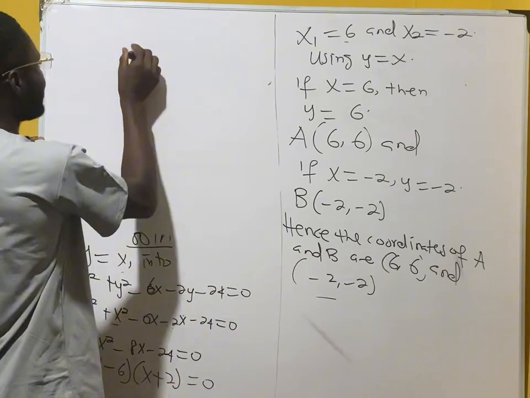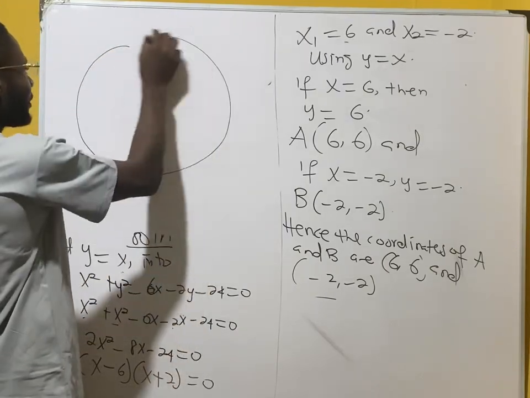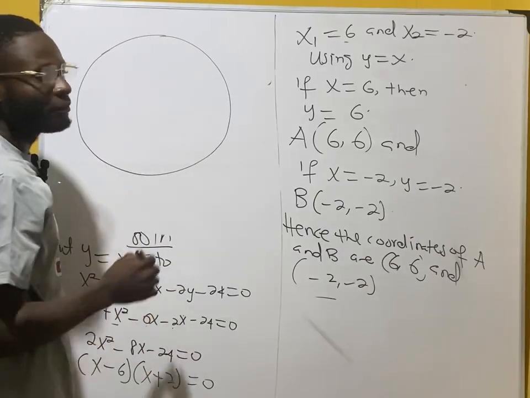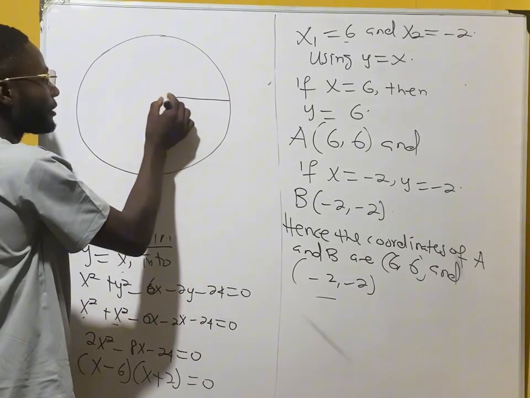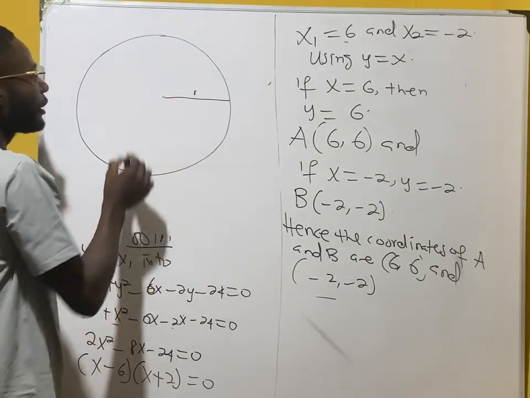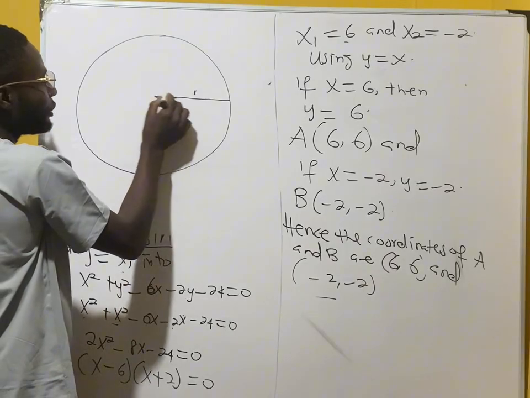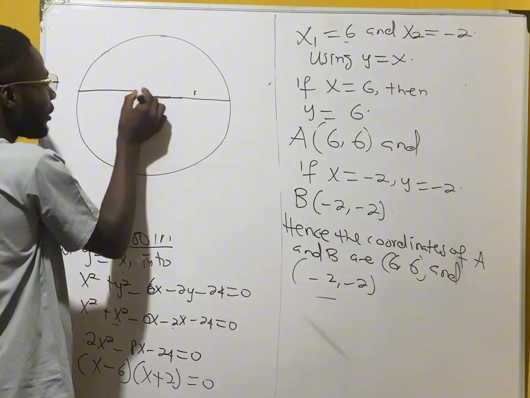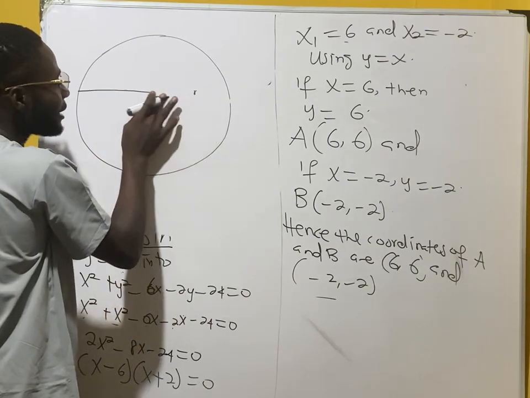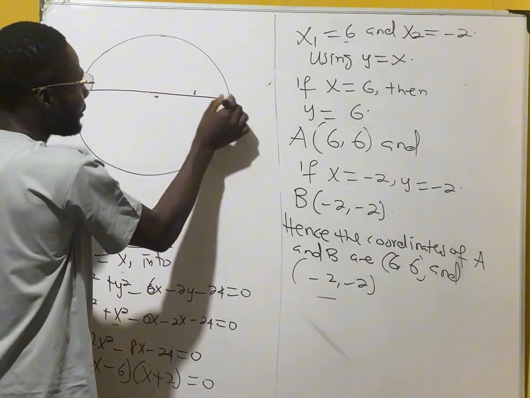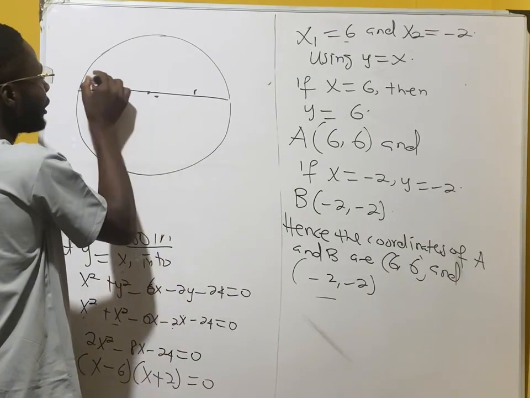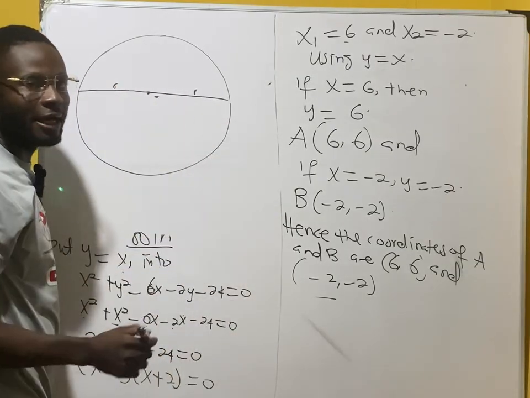When you have a circle, this is a radius. Once you extend from the circumference to the center of the circle to meet this as well, it becomes a diameter. So this is the radius, and the whole of it becomes a diameter.